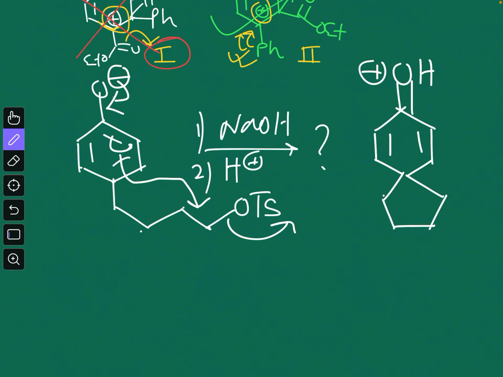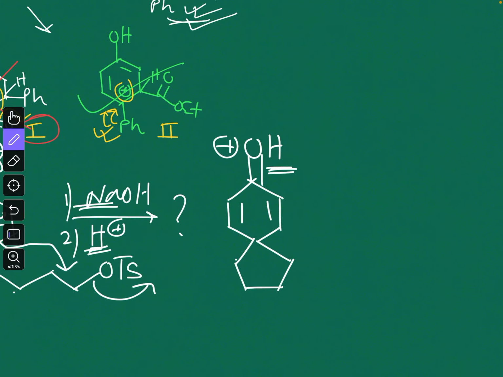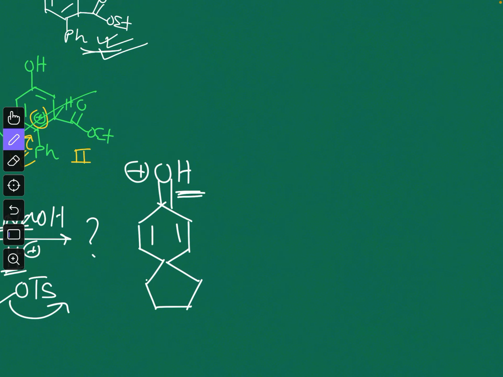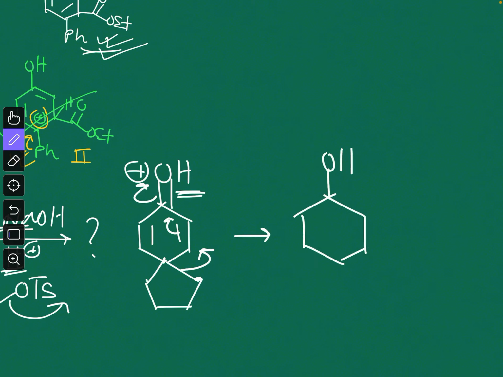Now sometimes you need this H+, or sometimes you don't, but as you are doing the reaction in basic medium, we don't expect it to be there, so that's why we need this H+ for this protonation. On this protonated species, now the dienone phenol rearrangement can happen. Both this side and this side are actually similar, so from either side the migration will take place like this, and from here you will get this thing.